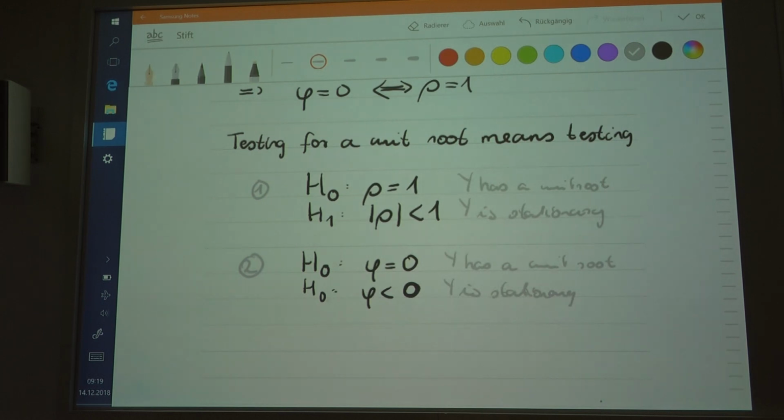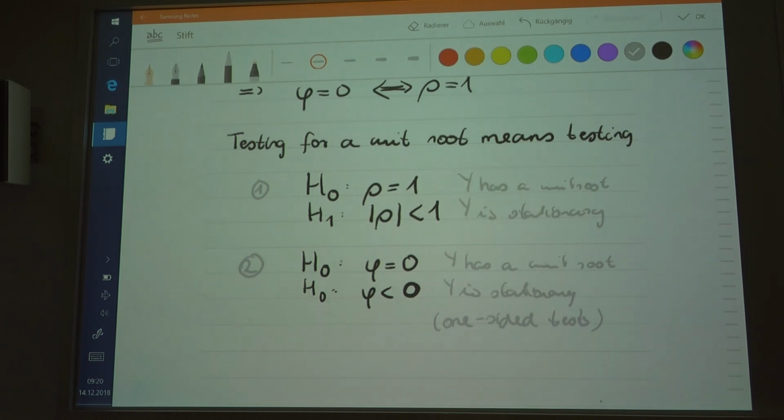So you have a one-sided test, not a two-sided test. And the reason is that either the process is stationary or it has a unit root. That's why you have a one-sided test.